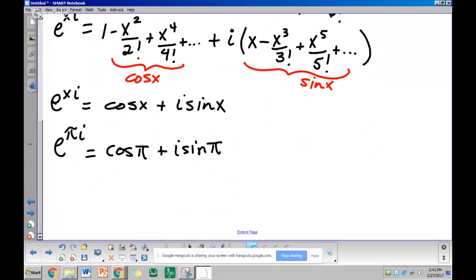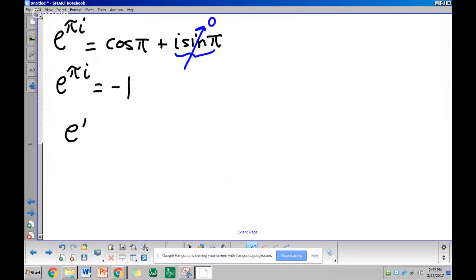But what is sine of pi? 0. So e to the pi i is equal to negative 1. And Euler's formula was this: e to the pi i plus 1 equals 0.